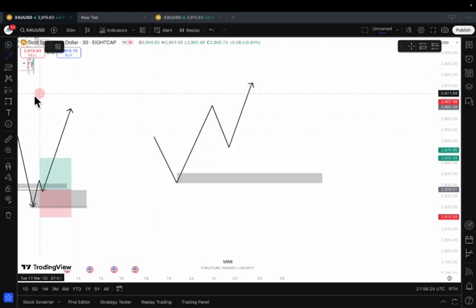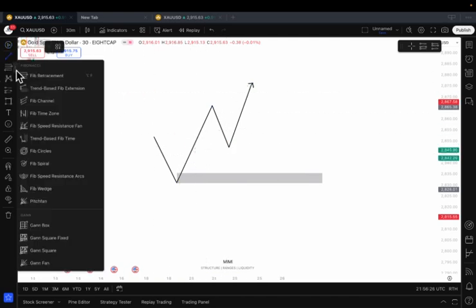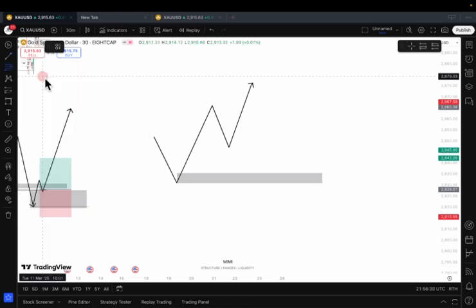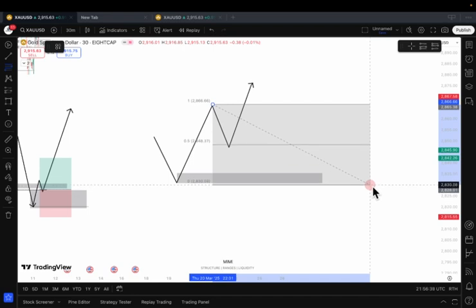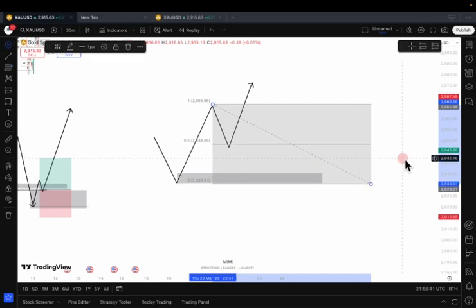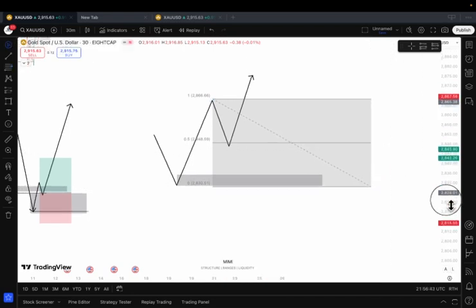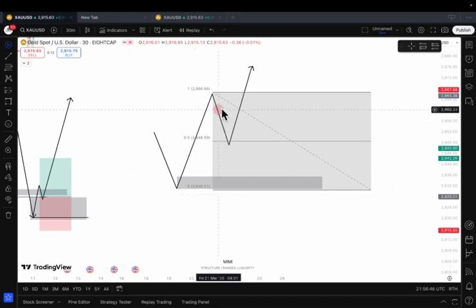Now it's like saying that neither the buyers nor the sellers could push price the inducement below this point.